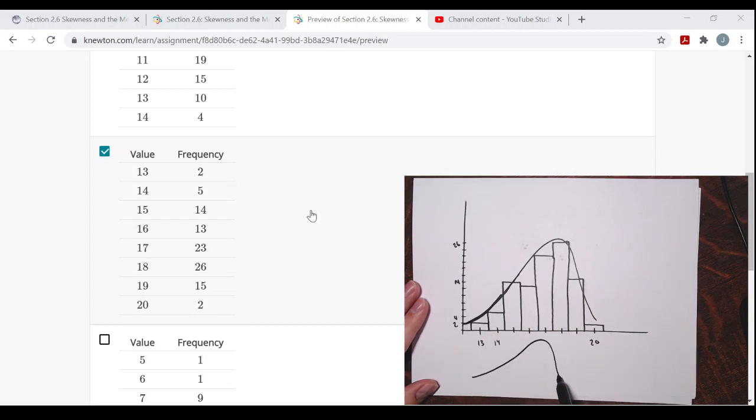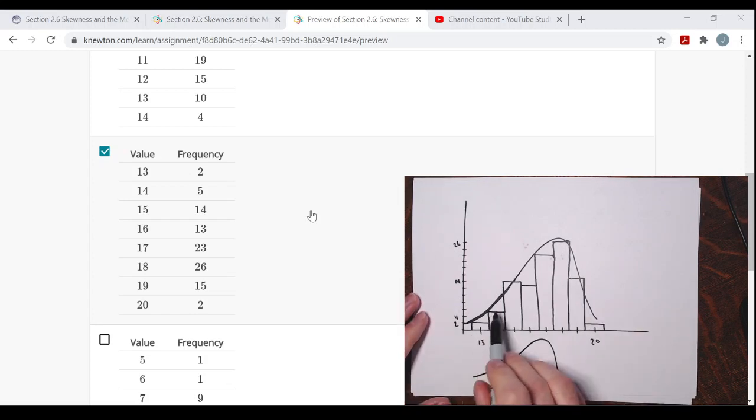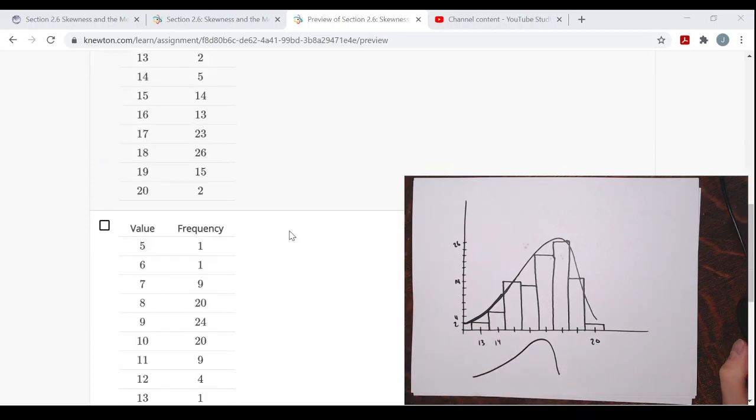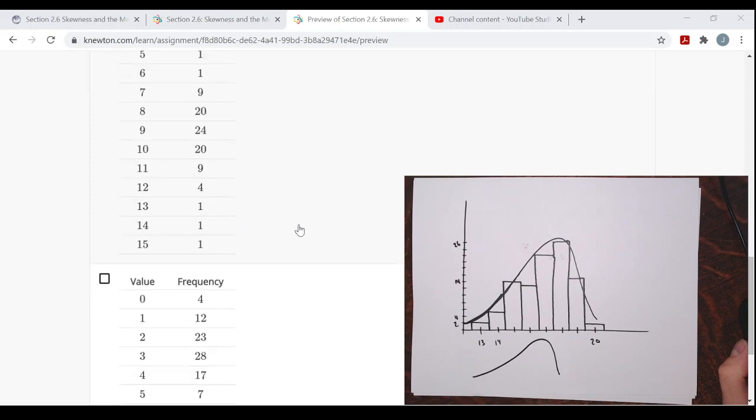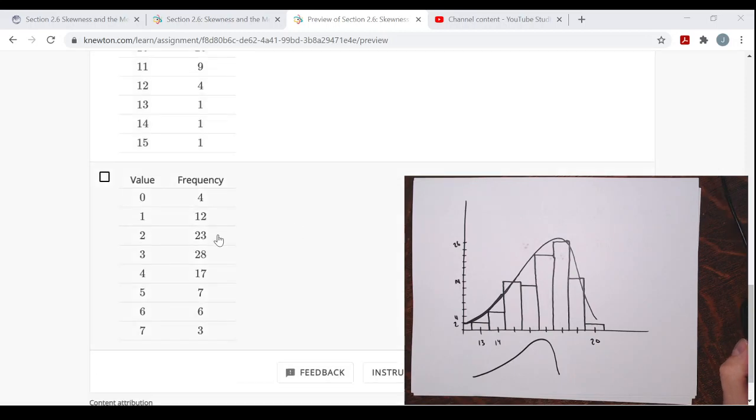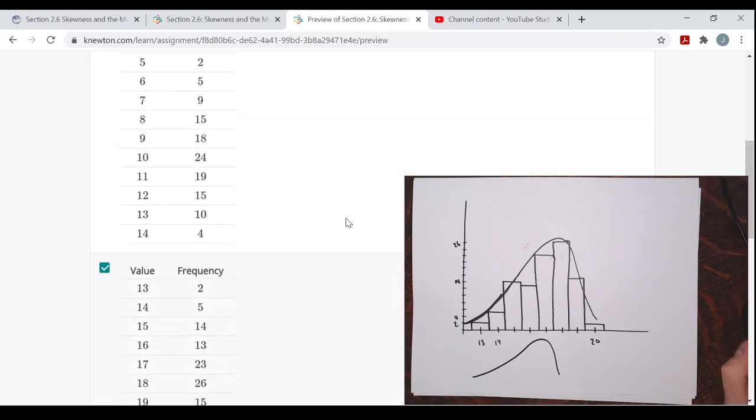So see how it's bulky on the right, lower on the left, more stretched on the left. I'd say this was skewed. I'd say my initial reaction was good. This one was more symmetrical. And then this one here, see, it's low for one bar only, and then bulky on the left, stretched out on the right. I'd say this was skewed right. Okay, and I'm not going to make the drawing for that one.